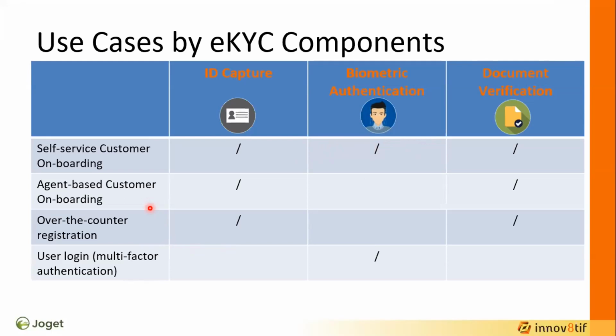So you can pick and choose components to suit certain processes. Over here needs just ID capture as well as document verification for these two. And then there are some cases where you only need biometric authentication for multi-factor authentication, so just to add a second layer of security for your processes.